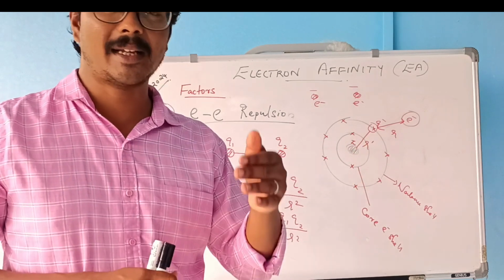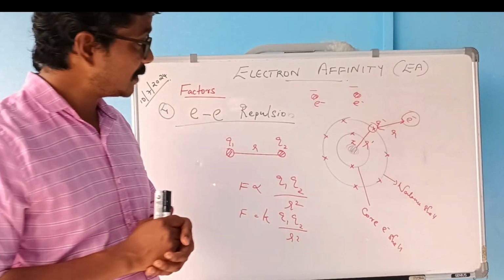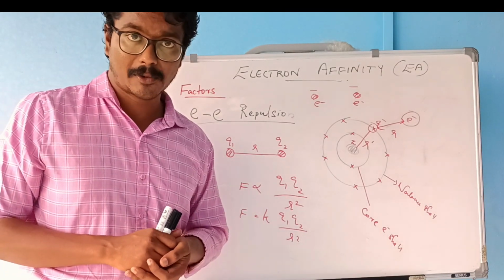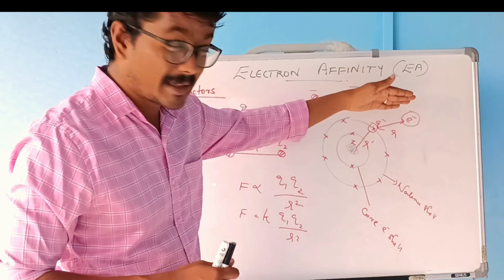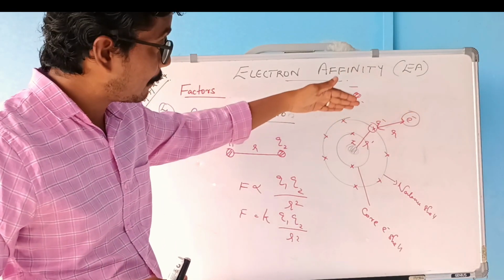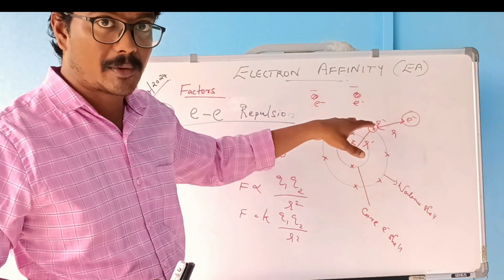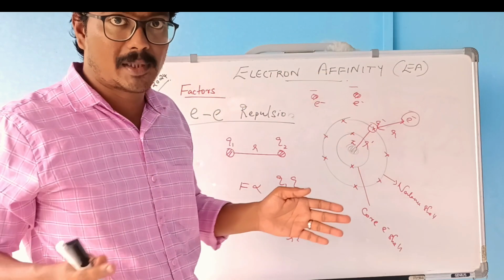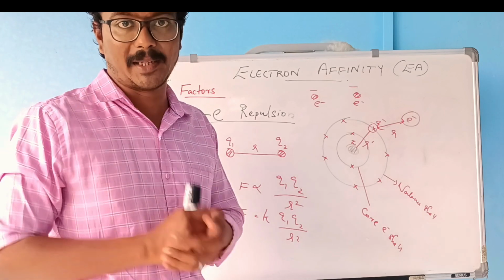In that case, the effective nuclear charge decreases. So we can say that electron-electron repulsion exists in almost every case when an incoming electron approaches an atom. The atom already has electrons in the valence shell, or the electron cloud will repel the approach of the incoming electron.